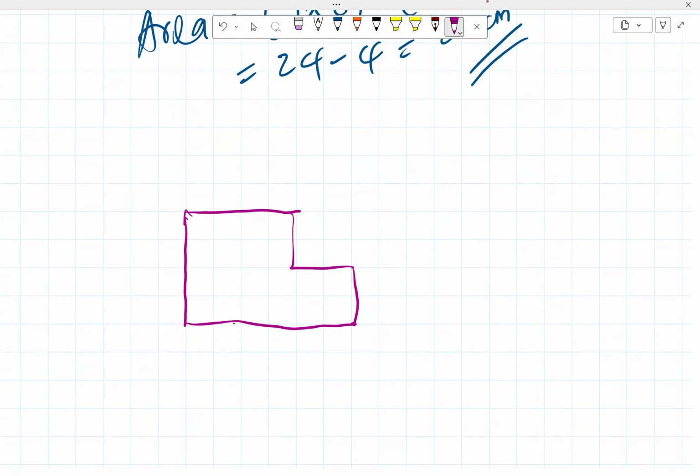So all we just need to do, this is 6 cm and this is 4 cm. So if you draw this line now, we already know this is 2 centimeters. So this is 2 cm, this is 2 cm. And now this is another 2 cm right here. So it means this one is remaining 4 cm. So this is 4 cm.